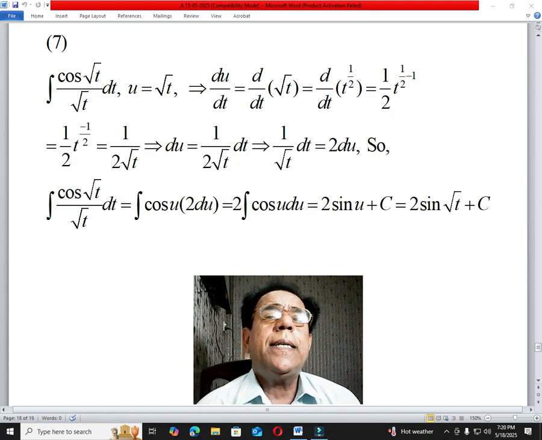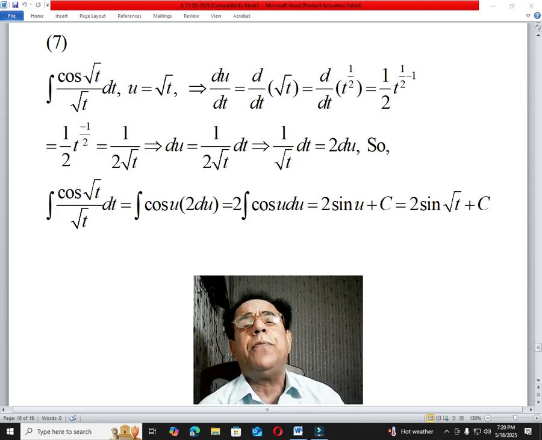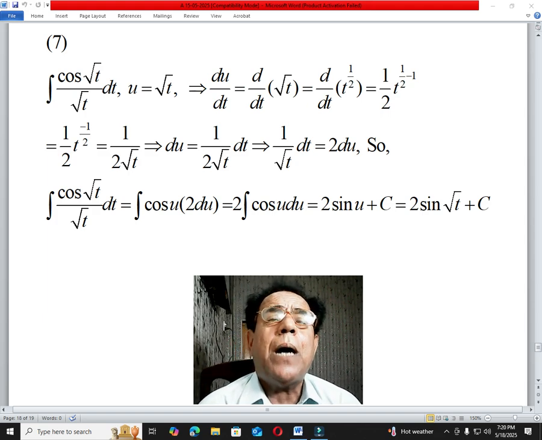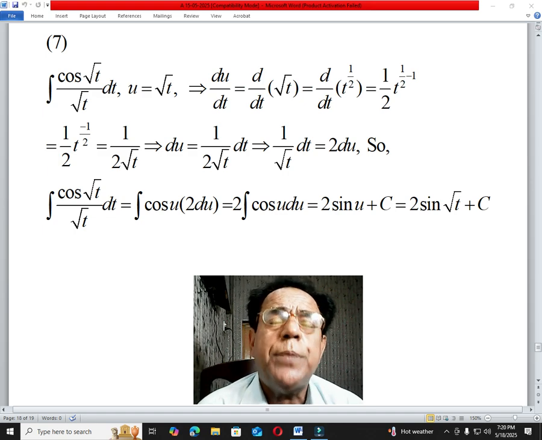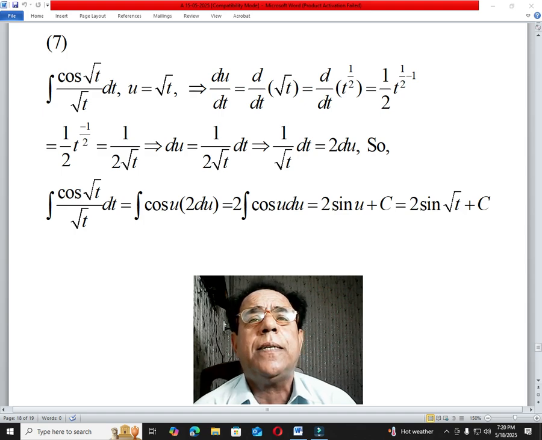And now we are going to apply the power rule of differentiation. In the power rule of differentiation, the power or exponent is reduced by one, and then that power also appears as a multiplying factor.